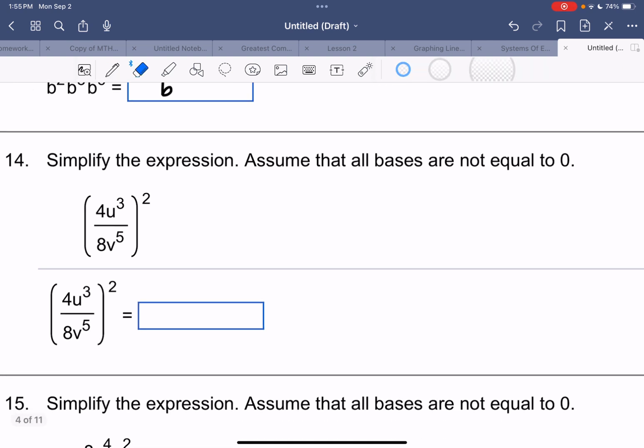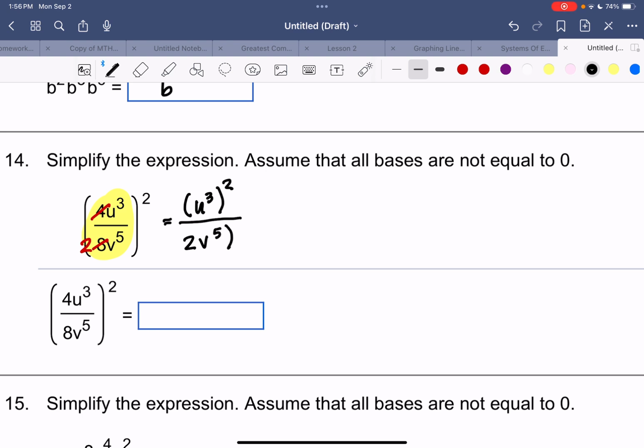Now, if possible, I recommend you reduce inside first. So let's see. I see that the 4 will go into the 8 and leave a 2, but u and v will not reduce, so I'm going to be left with a u to the 3rd to the 2 and a 2v to the 5th to the 2.